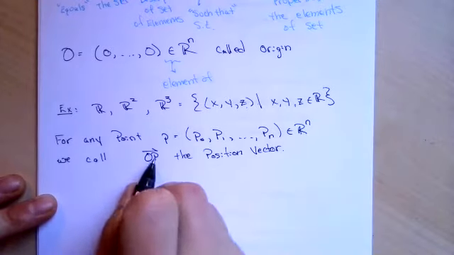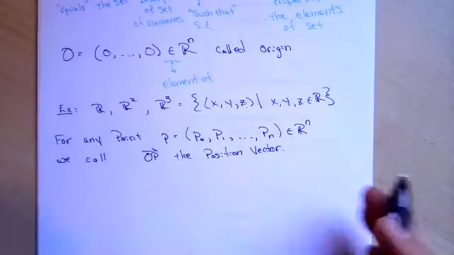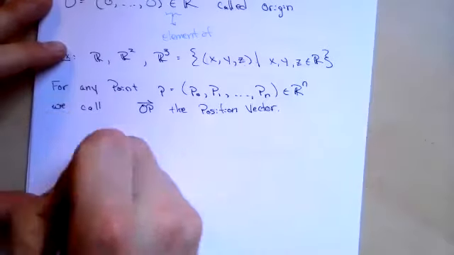This is the line segment or the ray starting from the origin pointing to a point P.